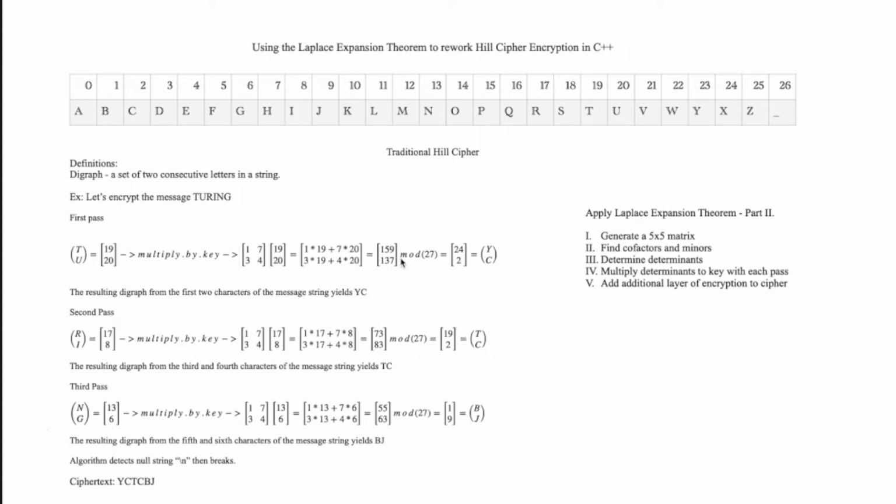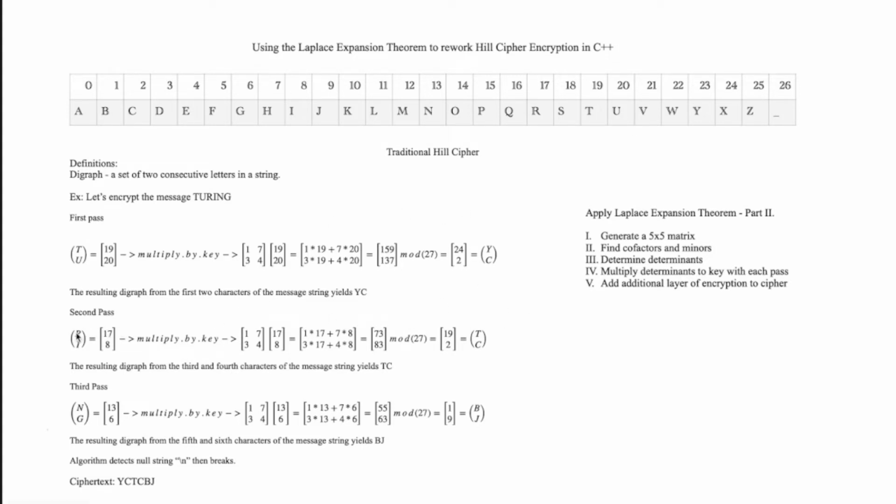The next step in the Hill Cipher is to apply the modulo operator. We'll apply the modulus to 159 to get 24, and 137 to get 2. The resulting encrypted digraph gives us 24 and 2, which if we look, gives us Y and C, which is a resulting digraph for the ciphertext. So we'll say the string ciphertext will equal this, and then increment through the loop and increment our iterator.